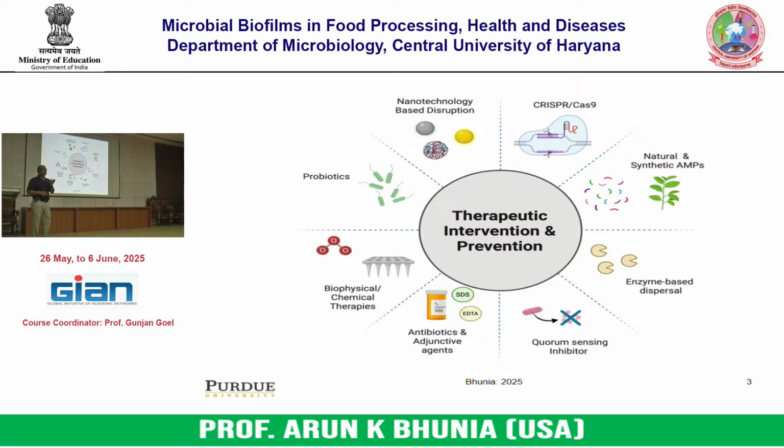These are new technologies people are trying to use to control or prevent biofilm. Nanotechnology. Can we use nanotechnology approaches to control or prevent biofilm? I will show you some data where we and other people have used it, which can be applicable for controlling or preventing biofilm formation. Okay.